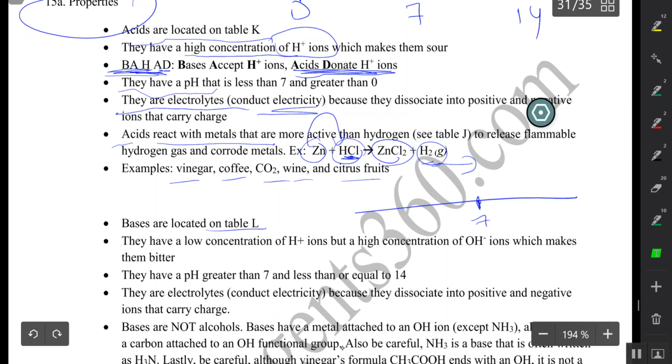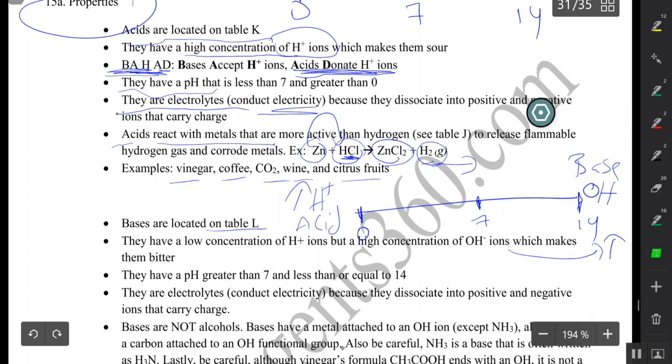On a pH scale, we said that 7 was here, and 0 and 14 were here. So bases would be all the way down here. Bases are known for having a lot of OHs, so the concentration of OH increases as you go in that direction. Here's where you have most acidic, so the concentration of the H plus ions or hydronium ions will increase as you go in this direction.